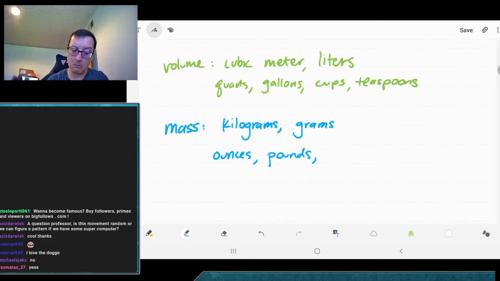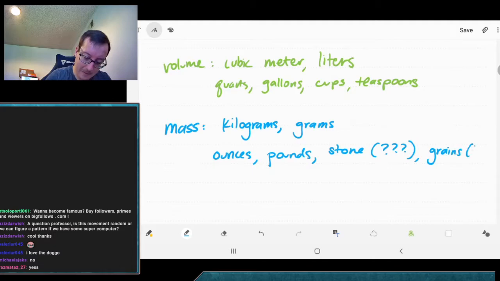Grains, stones. These are random British units, right? That don't really make any sense, but I think a stone is 14 pounds and a pound is 16 ounces. That's the part that sucks about the US units, is they're all just kind of random numbers to change between each other. But we're going to see the metric system, everything is going to be just based on powers of 10. It's very efficient that way.